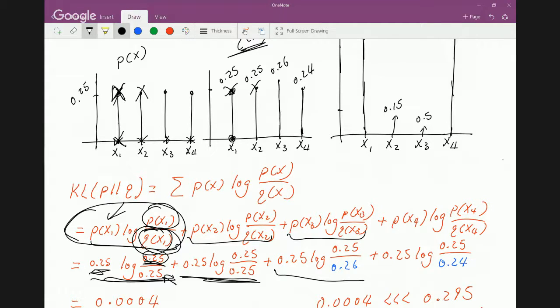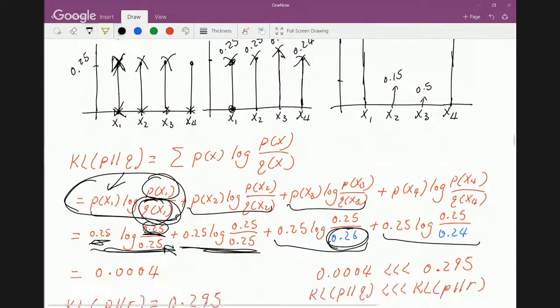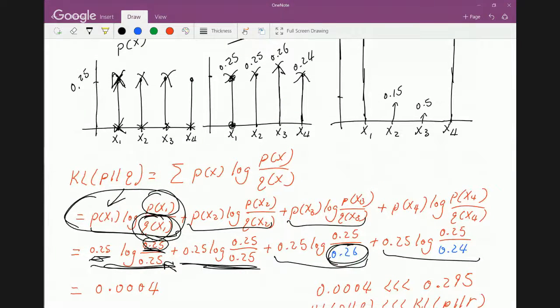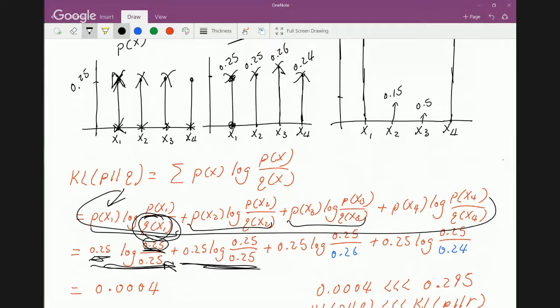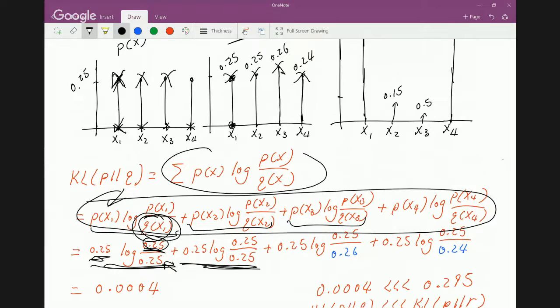And the third one is slightly different. This is still 0.25, but over here, which is Qx3, it is 0.26. And over here, the difference is 0.24. You might want to pause the video and study how I got this, but I'm basically just following the formula here.